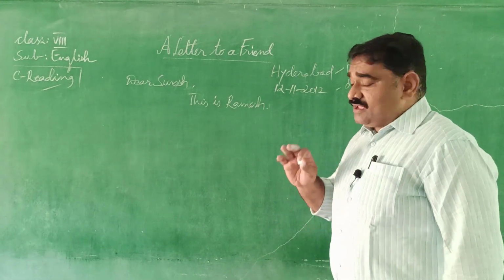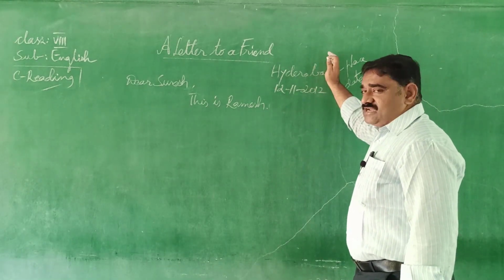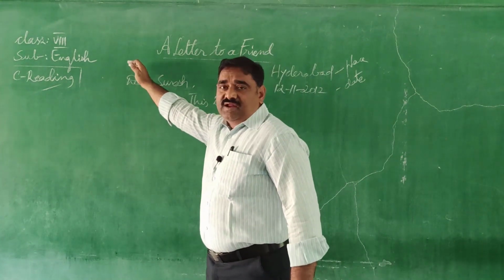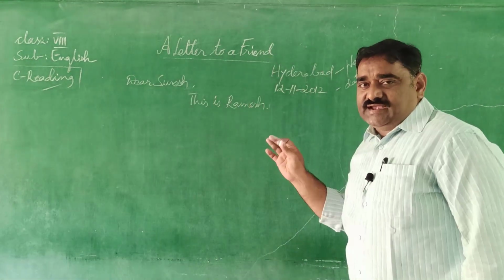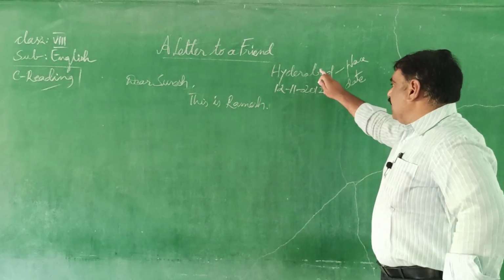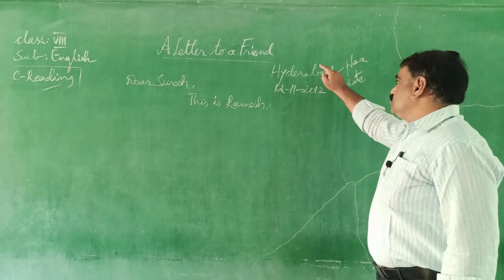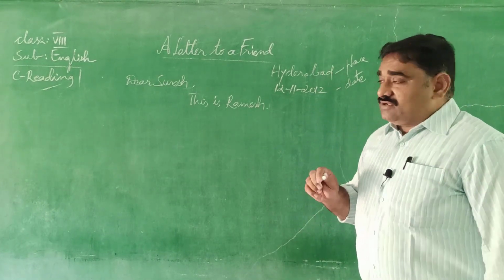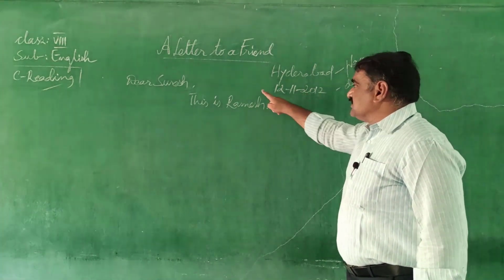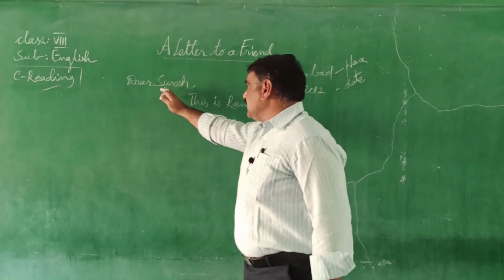I told you that you can write the place and the date either on the top right corner or the top left corner of the page. It is not a sin. Any side you can write. So this place and date tell us from which place and on which date this letter is written. Clear?